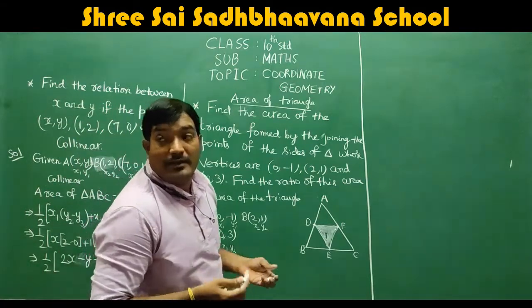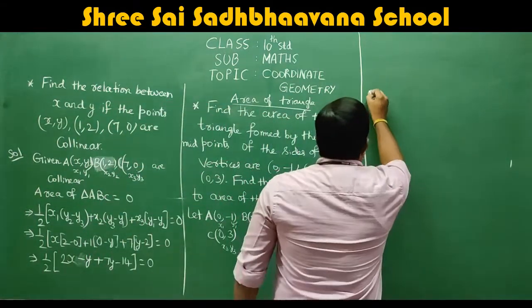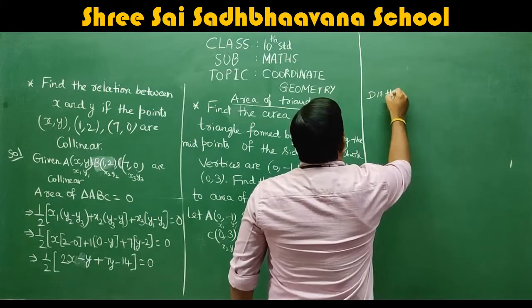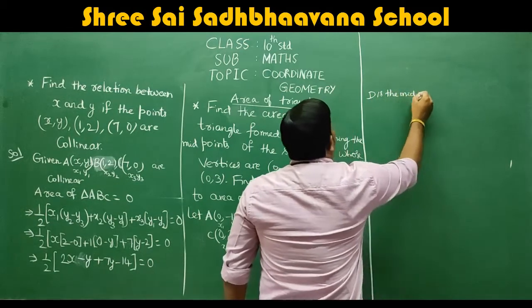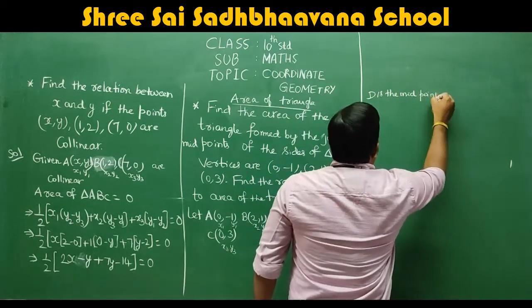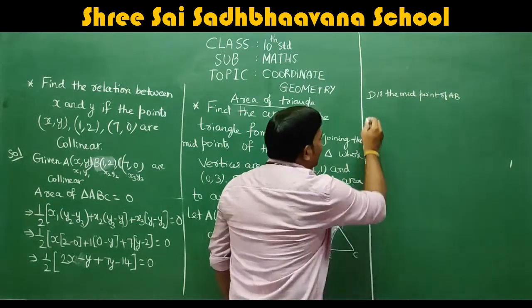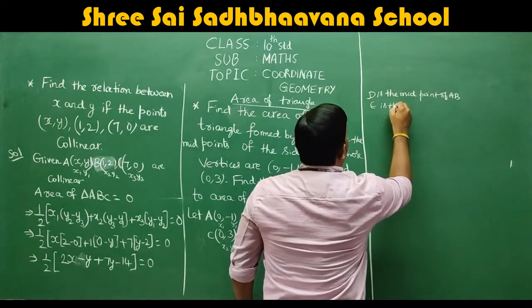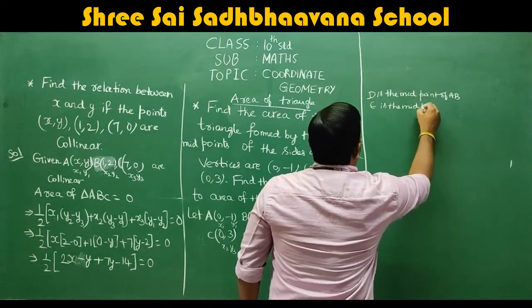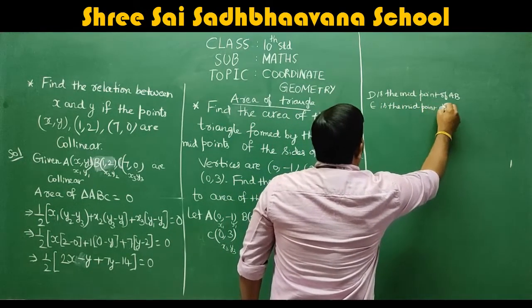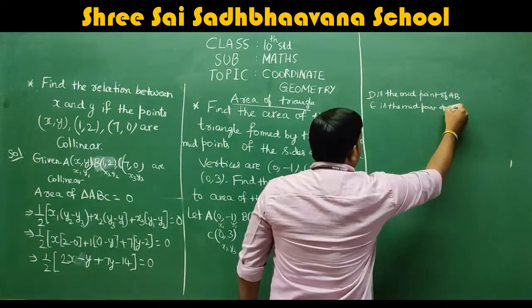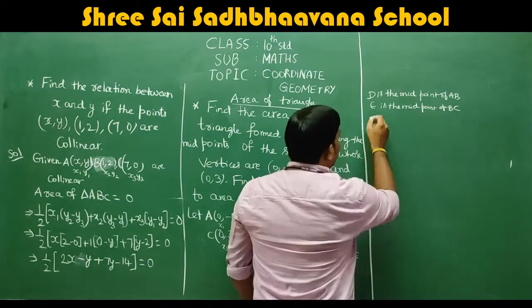D is the midpoint of AB. Similarly, E is the midpoint of BC and F is the midpoint of AC.